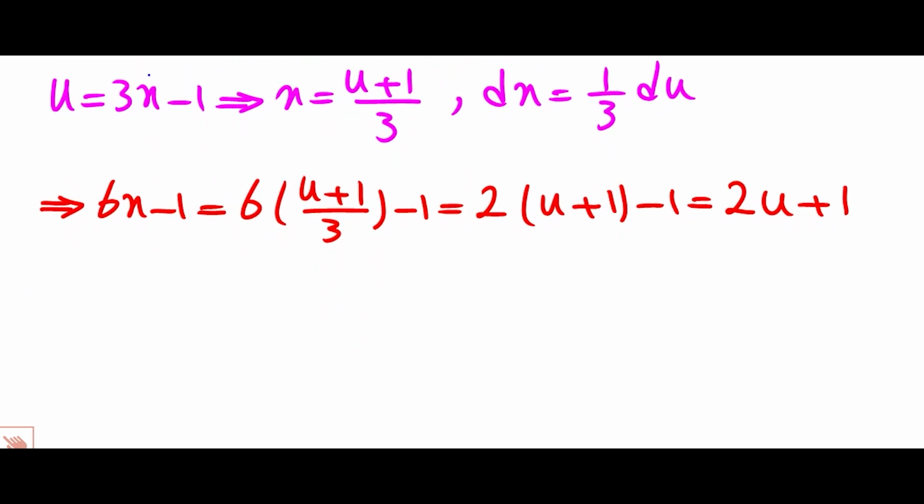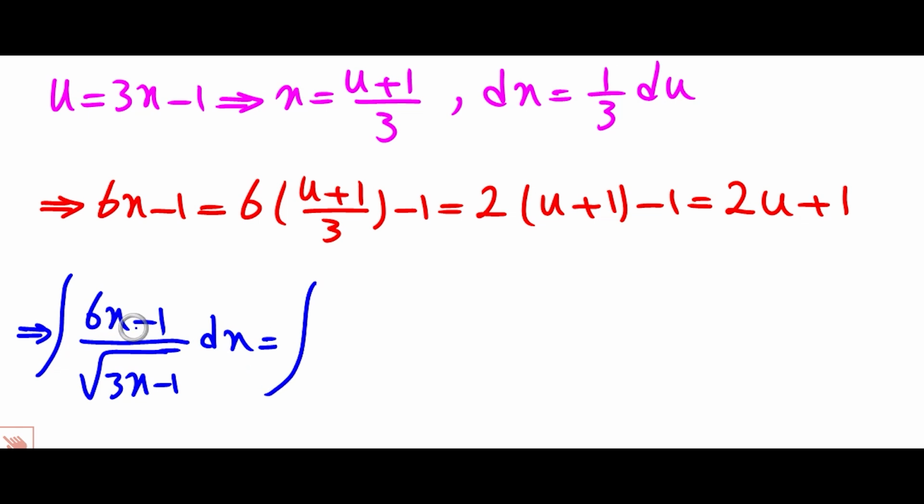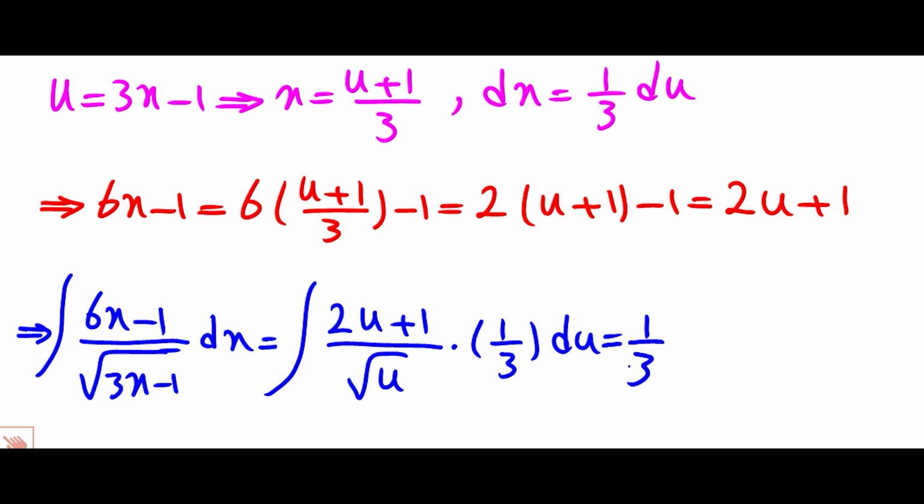So the integral of (6x - 1)/√(3x - 1) dx equals (2u + 1)/√u, with dx = 1/3 du, or 1/3 the integral of 2u/√u, which is 2u^(1/2), plus 1/√u, which is u^(-1/2), du.